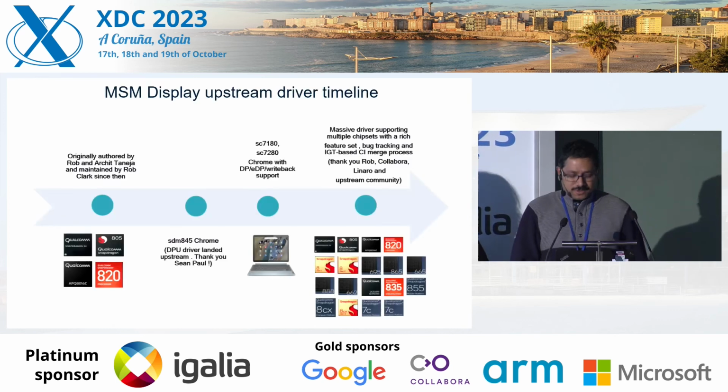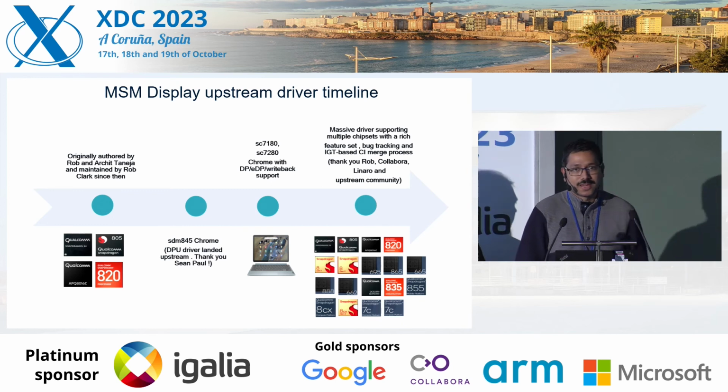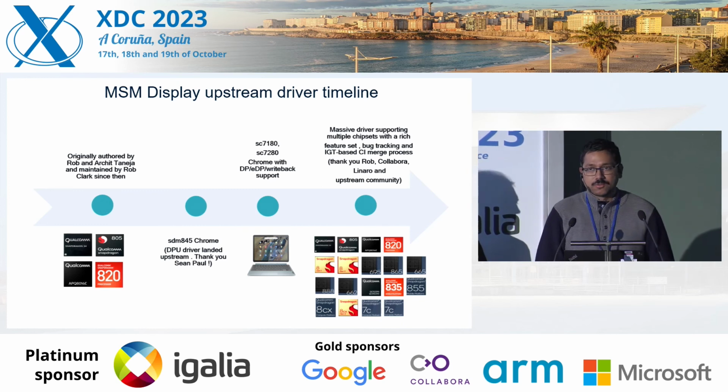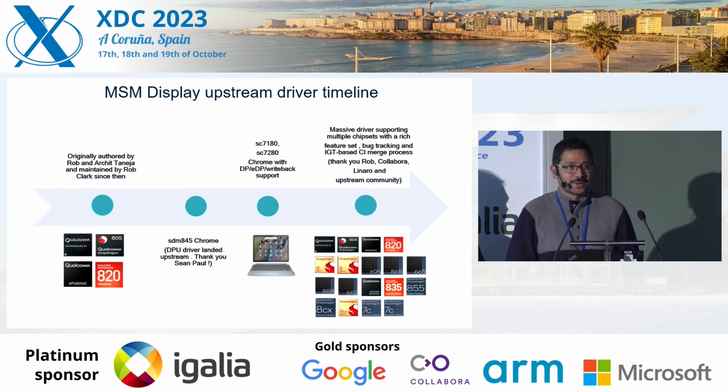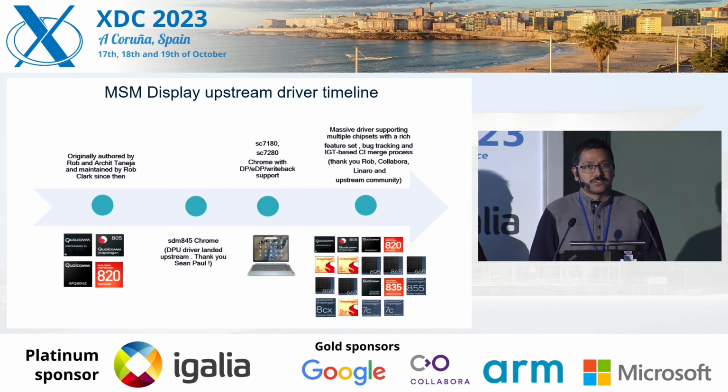Just to give a little bit of the timeline, it all started thanks to Rob, who added the first KMS driver for Snapdragon. If I go by the commit dates, it was back in 2013, with, of course, some help from Archit on some of the parts.